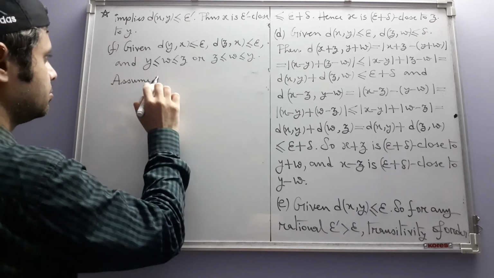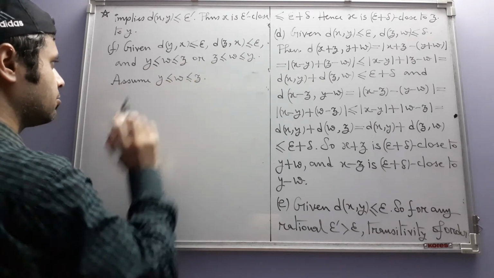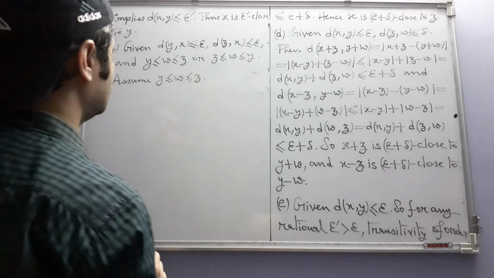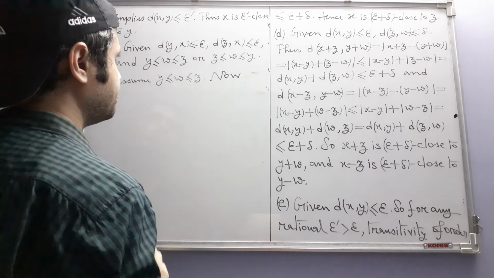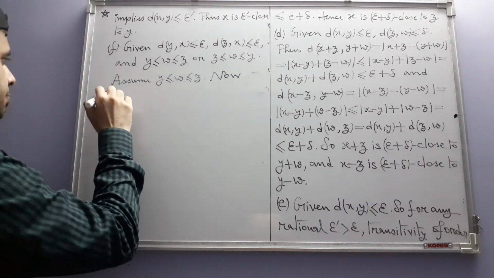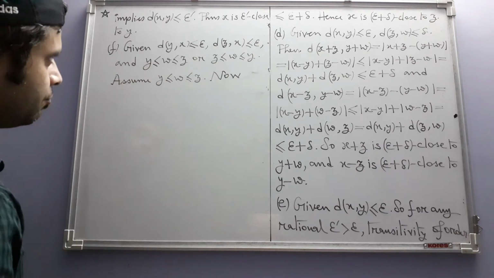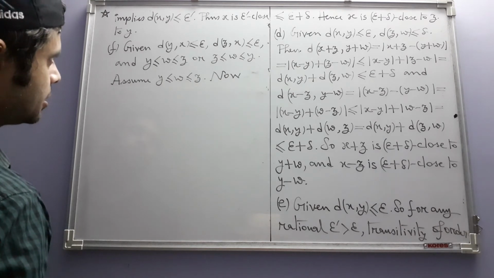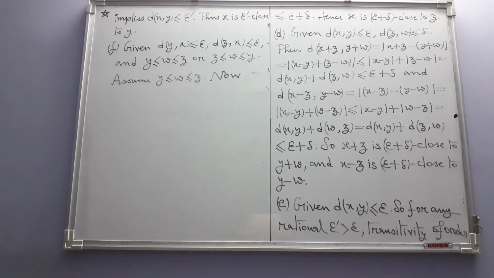Let us assume that the first set of inequalities hold. Okay, now, not D. We have to start by considering the minimum of the distance between, I forgot the step.